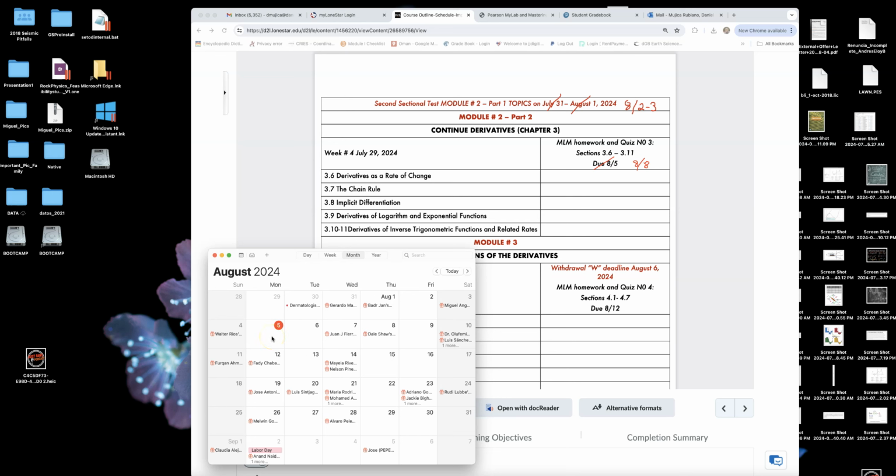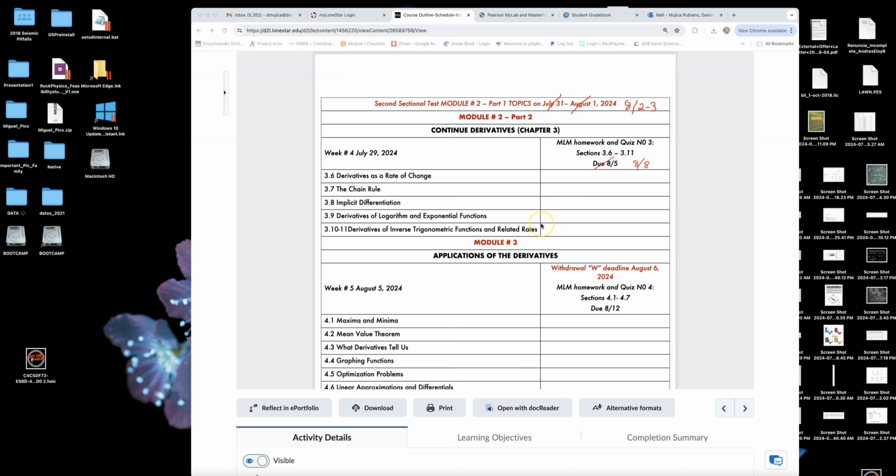So I assigned those last week, and I'm giving you the time to deliver and submit those assignments this coming Thursday this week, August 8th, before midnight. So please, if you haven't started working on those, please start doing. You still have some time to cover and practice this part, from 3.6 all the way down to 3.11.